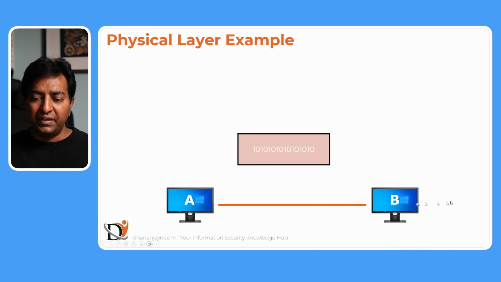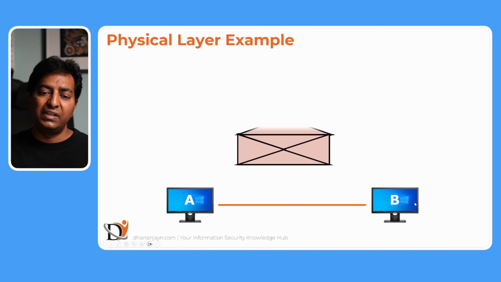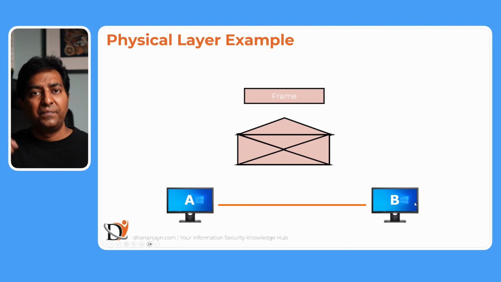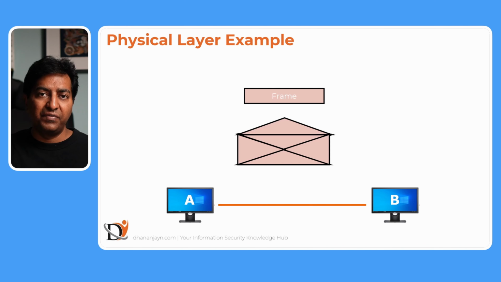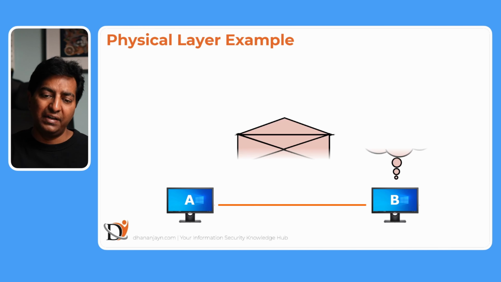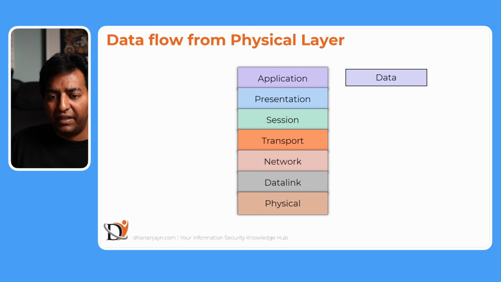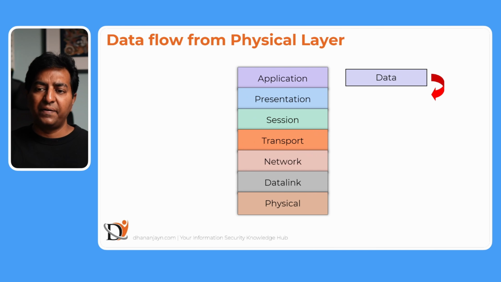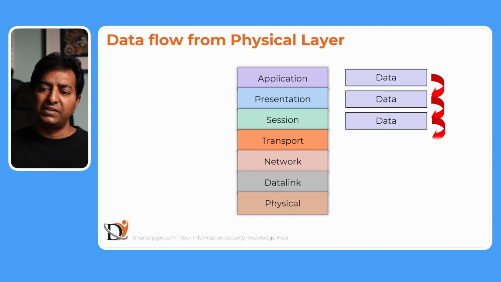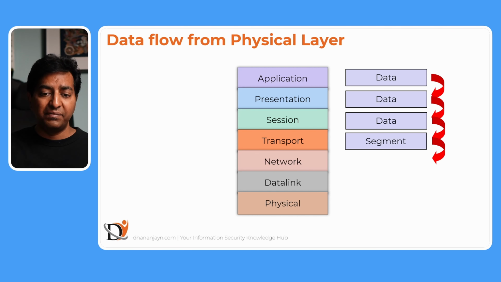The destination computer receives those signals, and then the subsequent layer actions, like frame, then packet, then segment, keep going on to extract the actual data. So the sequence we have already discussed multiple times.